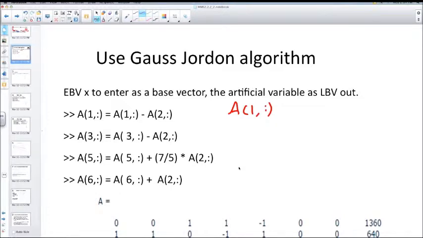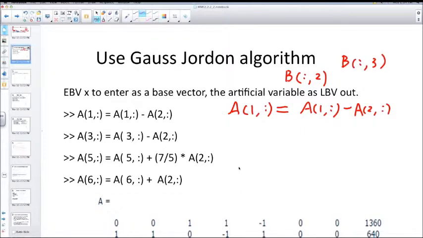And then the new first row equals the original first row minus the second row. That's how you make this first 0 in the first row. If you want to specify a column, let's say the second column, you put a 2 here, that will be the second column. And 3, that's the third column.